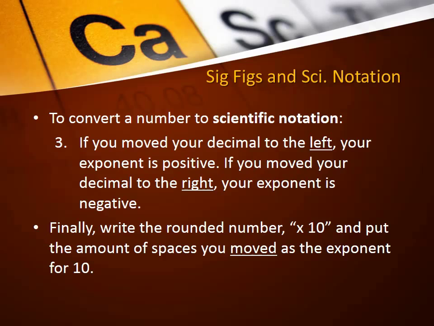And if you moved your decimal to the right, your exponent will be negative. So finally, we write the rounded number from parts 1 and 2, write times 10, and put the amount of spaces that we moved as the exponent for 10. Now keep in mind this positive and negative version.